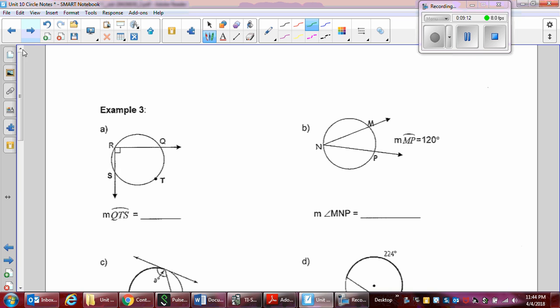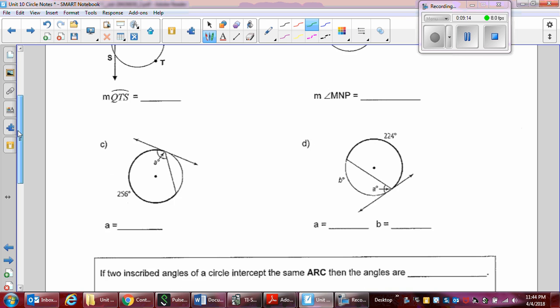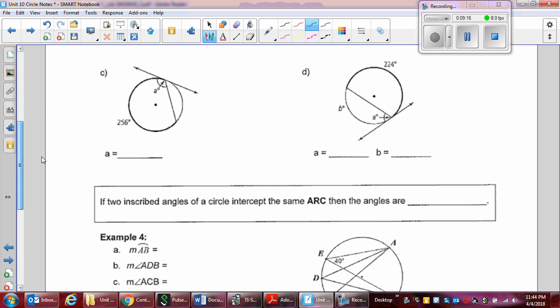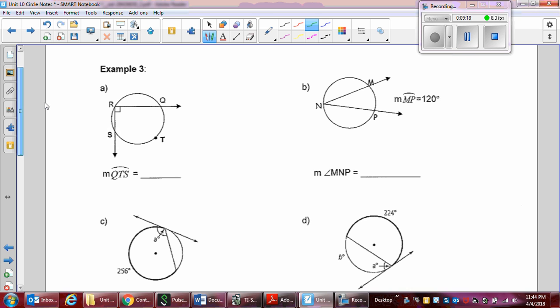When we do the examples here, some of it you guys will be able to do, and then we will also do more examples. So you have to understand what is given and what we're looking for. In this case, the inscribed angle is given to be 90 degrees. The question is, what is this whole thing?